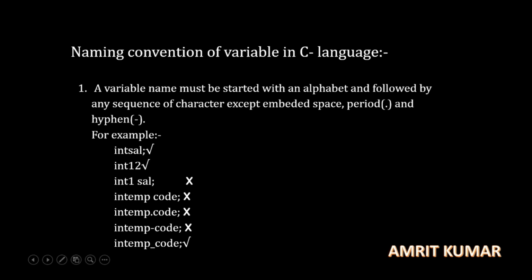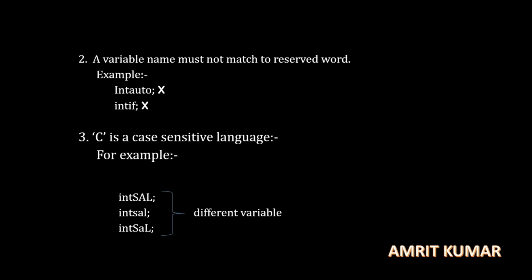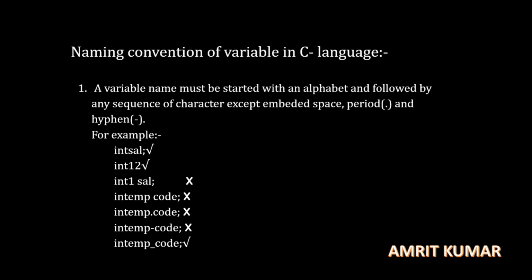Now moving on to the second rule of a variable name: a variable name must not match a reserved keyword, and that is so important. What we have studied here is that a variable name must start with an alphabet and be followed by any sequence of characters, except embedded space, period and hyphen.